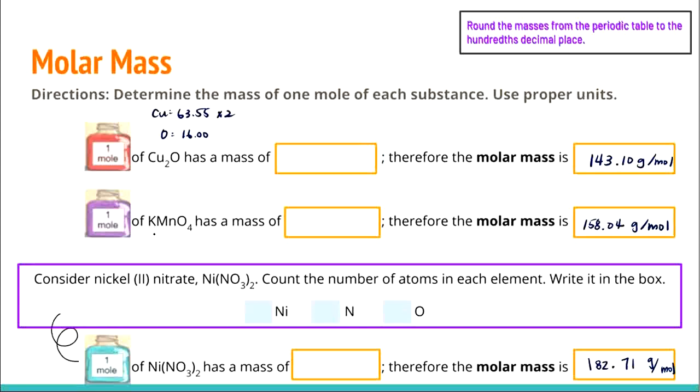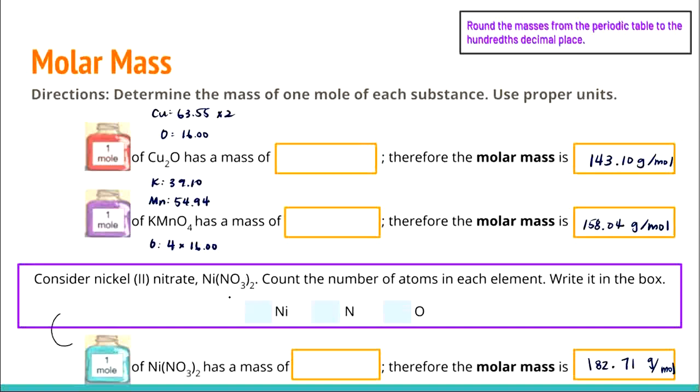For KMnO4, K, there's 1 of them, and that has a mass of 39.10. Mn, there's only 1 manganese that has a mass of 54.94. And for oxygen, there's 4 of them, and we multiply that by the mass of each oxygen, which is 16, and again, you add them up and you get 158.04.